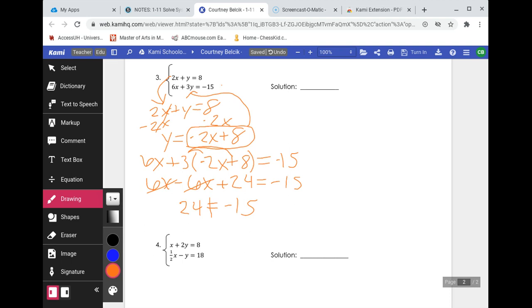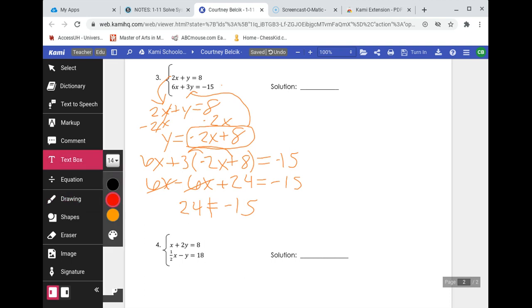So there's no x value that we could use that will make this equation correct, which means our solution is what? There isn't one. We have no solution for this system of equations.